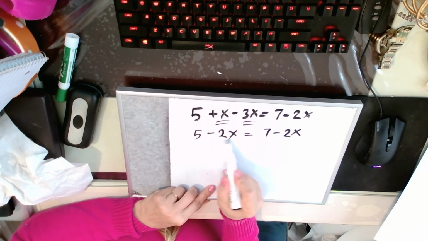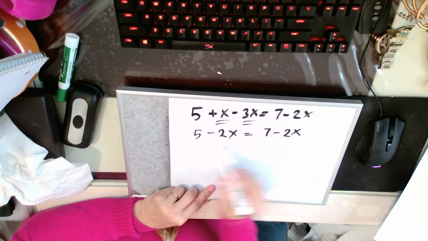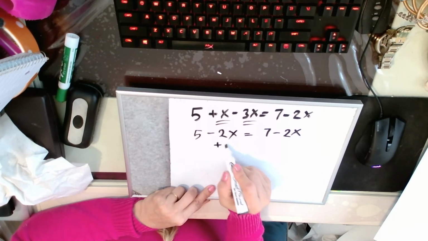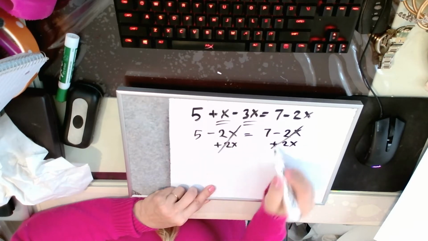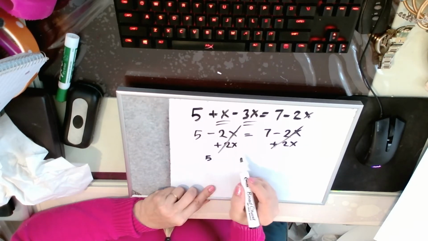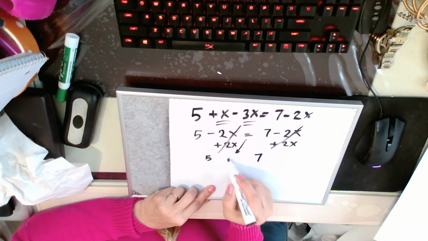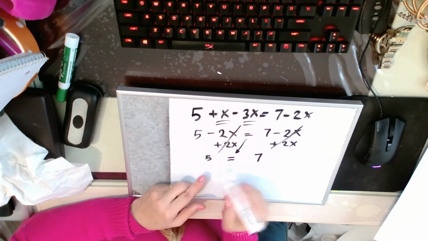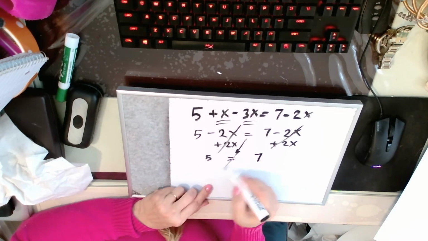What you see here, minus 2x, minus 2x. So add 2x to both sides. Gonna get rid of that. So it's gonna be 5 on one side and on the other side it's 7. But they said equal, and 5 is not equal to 7.